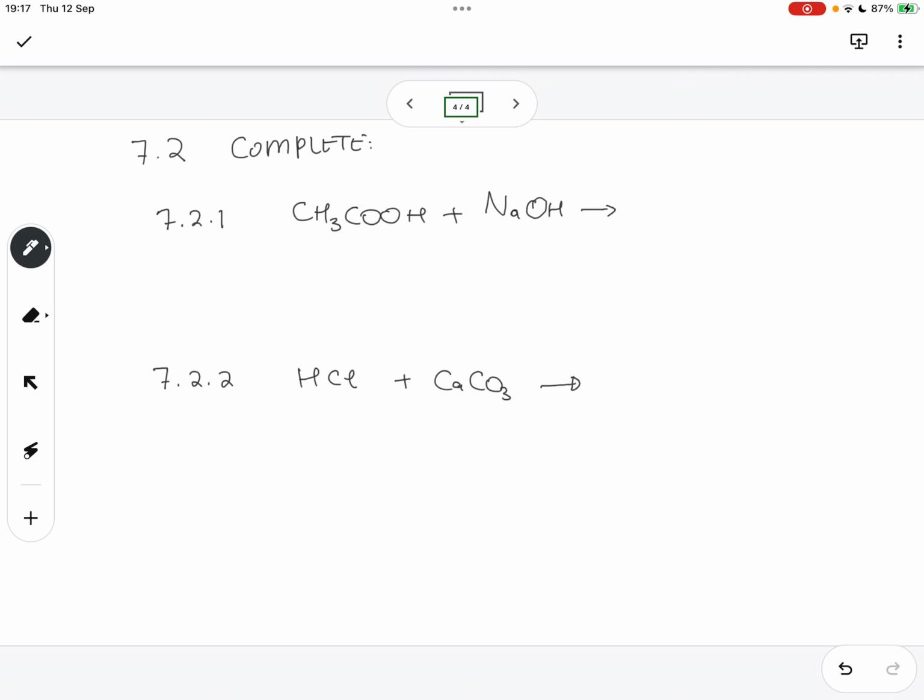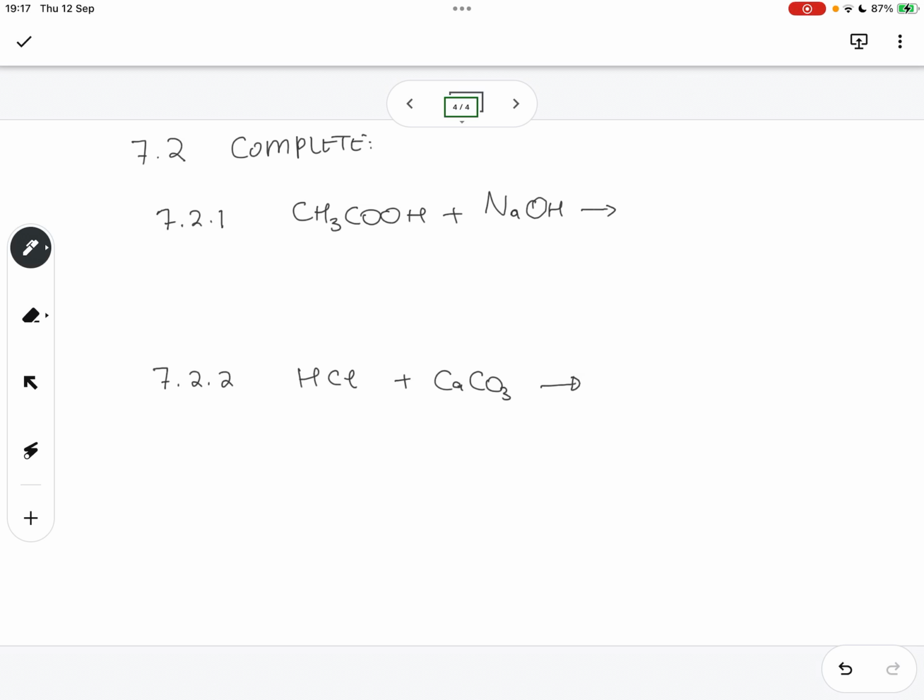You're not sure? Not really. That's okay. So for this one, remember when acids and bases react, they give us a salt and water. You remember that? When acids and bases react, they give us a salt and water.